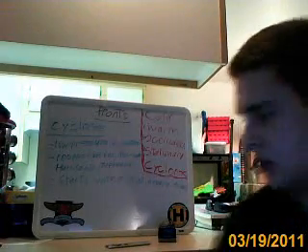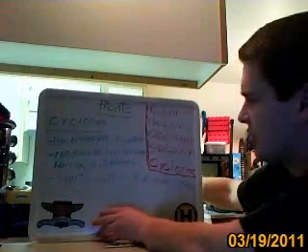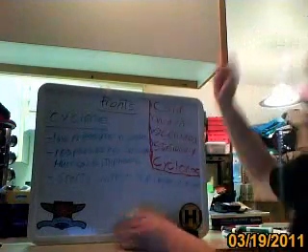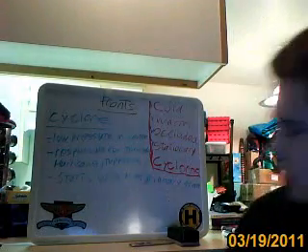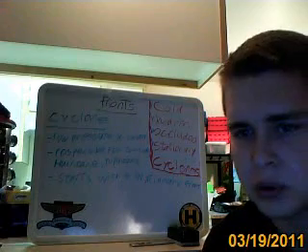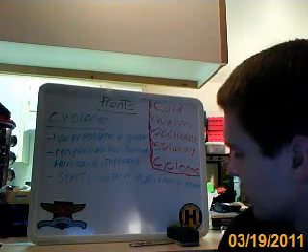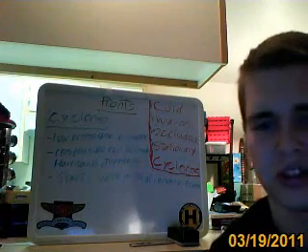Alright, next on our list we have cyclones. Basically cyclones are responsible for hurricanes, tornadoes, typhoons. They always start with a stationary front, and there's usually a low pressure system in the center.